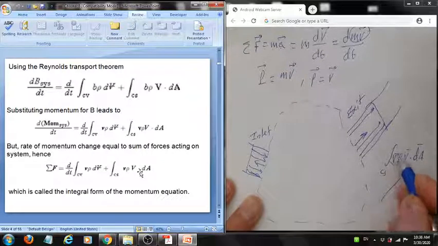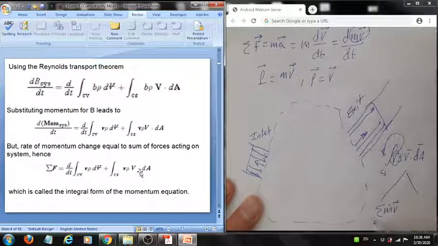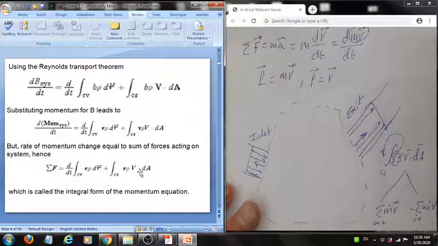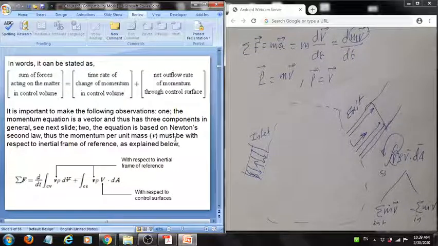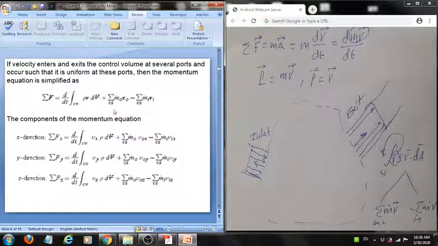Because V is uniform, we can take it out, so it will become the summation of mass flow rate times V at the outlet, which is positive, and also negative m-dot V at the inlet. So in general, under uniform conditions or uniform velocity, we can transform the equation into this form.